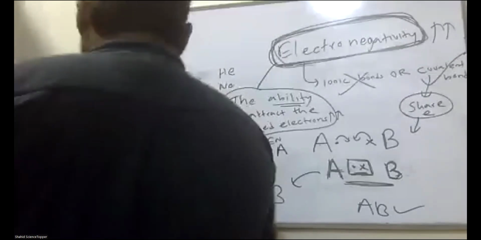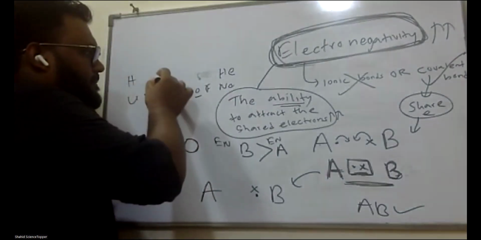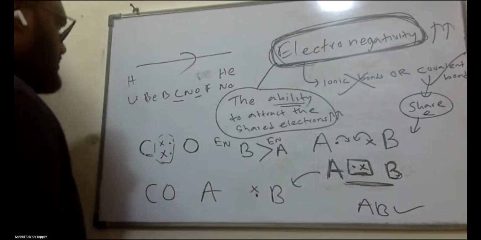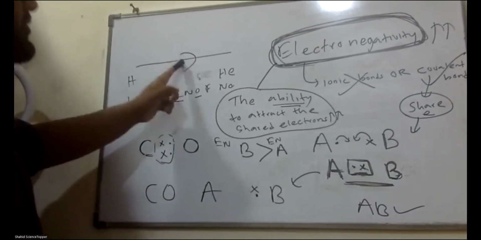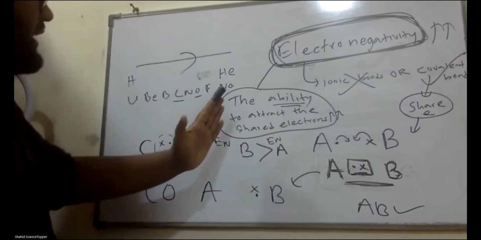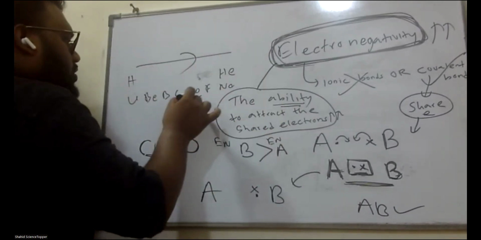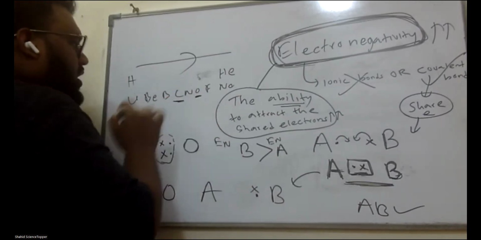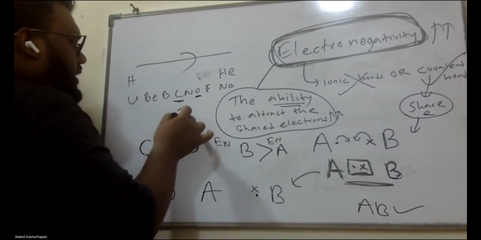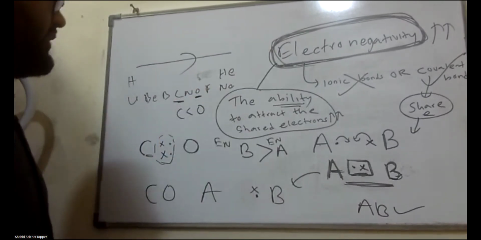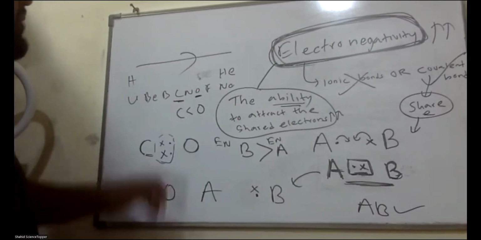The reason is, electronegativity uniformly increases from left to right. Oxygen is on the right side of carbon, so oxygen will have more electronegativity than carbon.